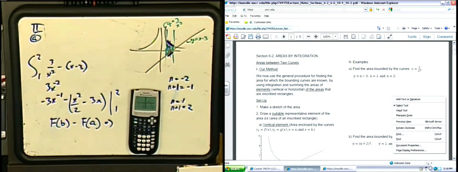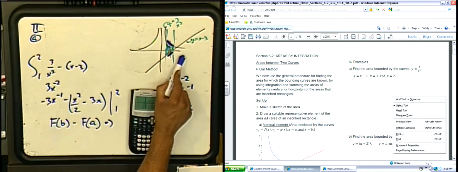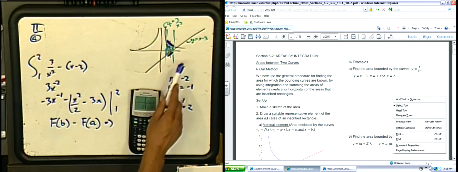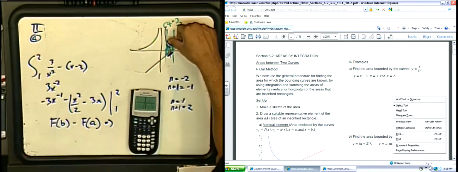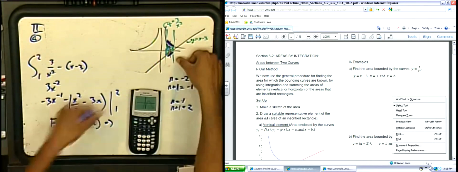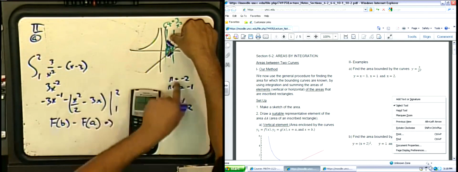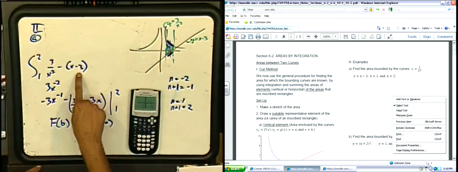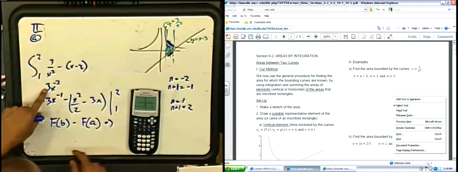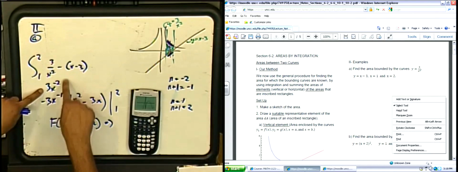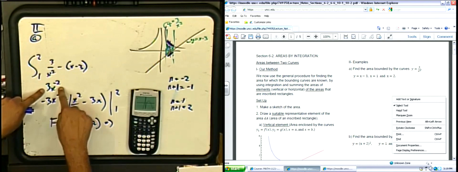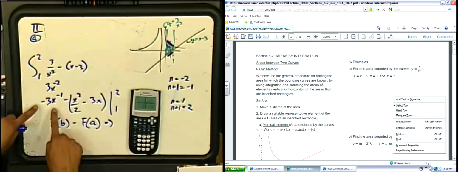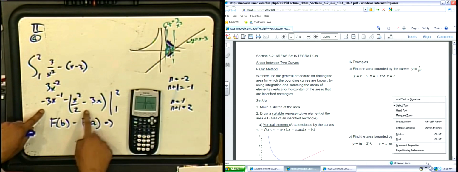Plug the upper limit in. This is okay. I drew the picture and I wrote the equation. In between the boundaries, this function is higher, this function is lower. High minus low. Antiderivative. No, I rewrote this as 3x to the negative 2. Took the antiderivative of everything.